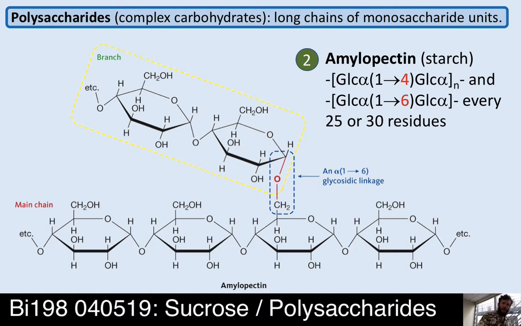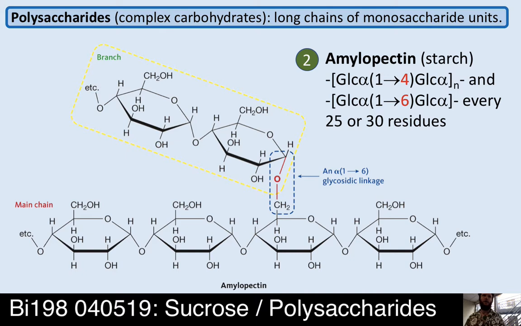So here's another type of polysaccharide called amylopectin. It's another type of starch. Amylopectin has the same long chains of alpha 1,4 linked sugars, but it also has some branches that are alpha 1,6 linked.